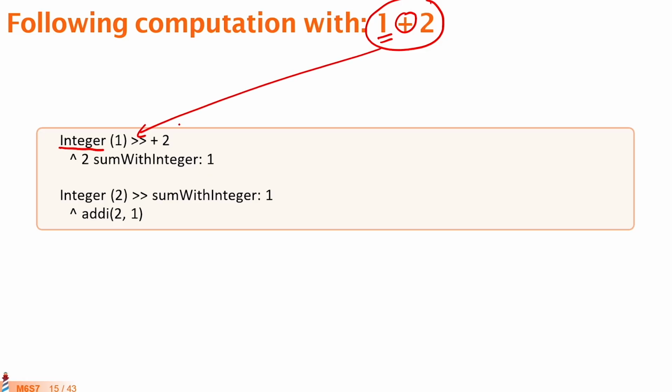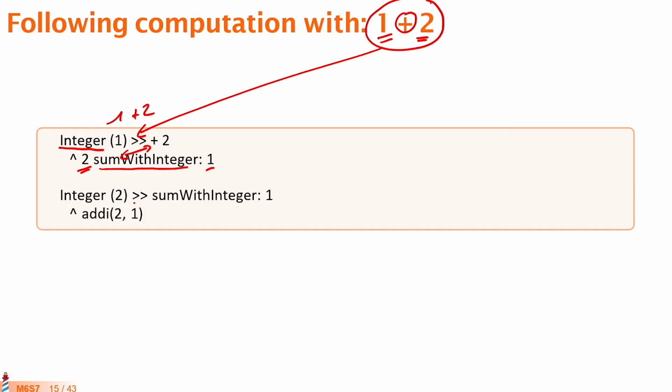You see here, I took the code and replaced the text with the actual arguments. So I have 1 plus 2, this is this call, and then I will do 2 sumWithInteger 1. What is super important is to see that we switch it. Now I'm looking for sumWithInteger in the class Integer.